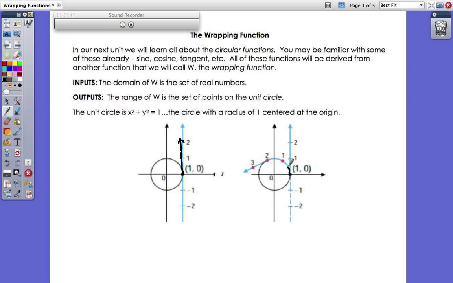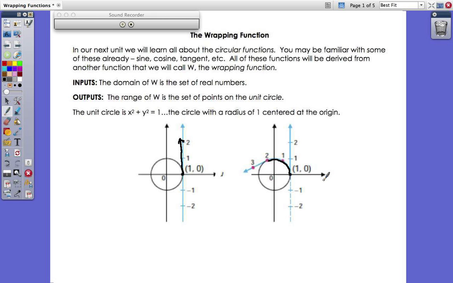So the input is how long the string is. Maybe it's 2 units long or something like that. And the output is the ordered pair x, y on the unit circle where the string ran out, where it terminated. That's one way you can think about the wrapping function. The input is the length of string. The output is the ordered pair on the unit circle.